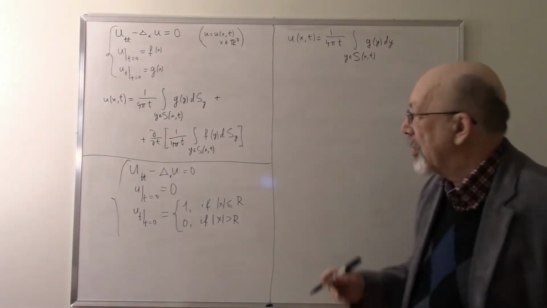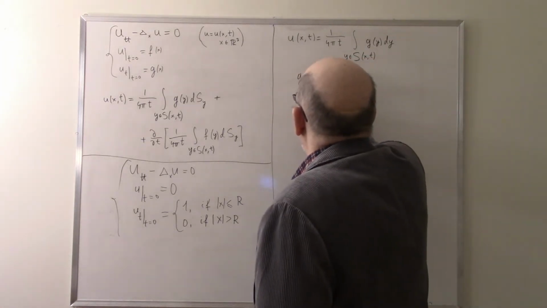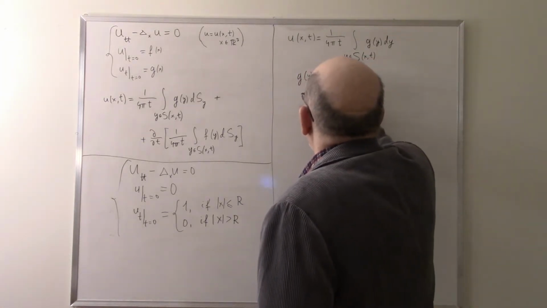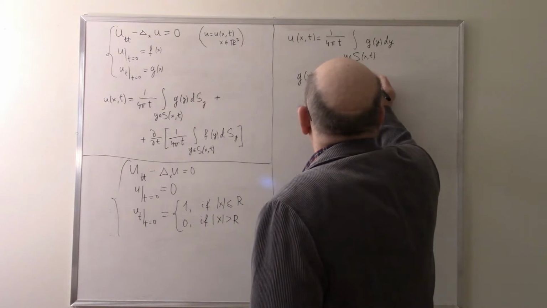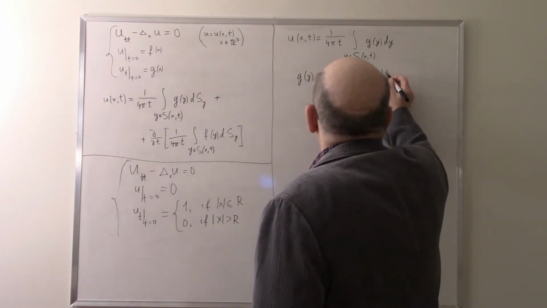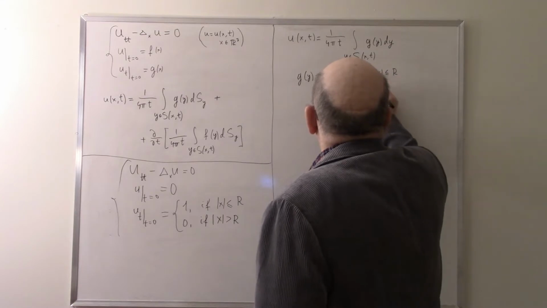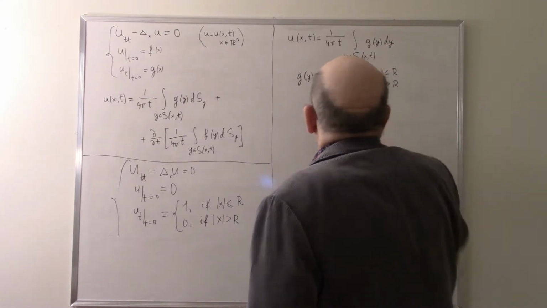And g of y equals g of modulus y equals 1 if modulus y is less or equal than r, 0 if modulus y is more than r.